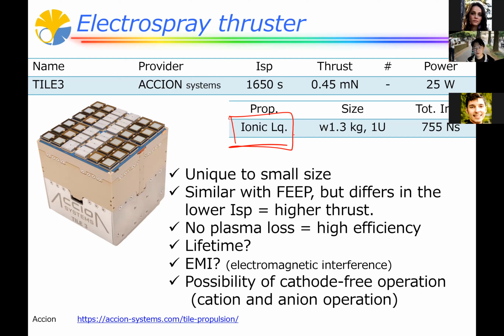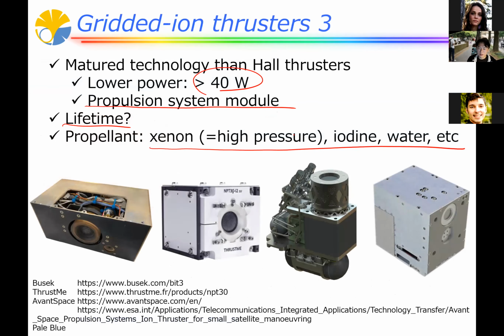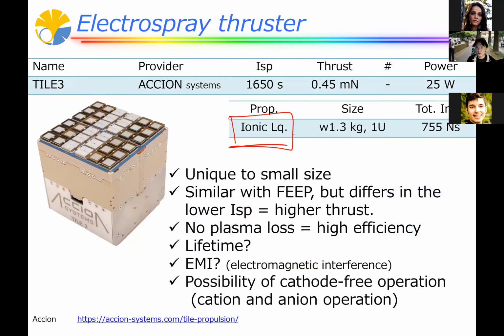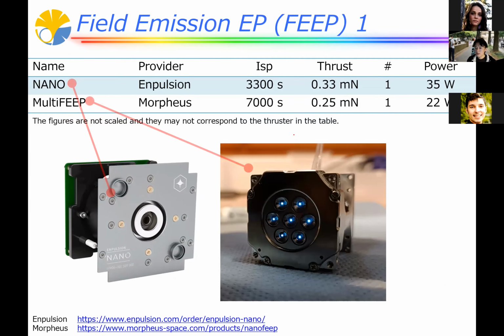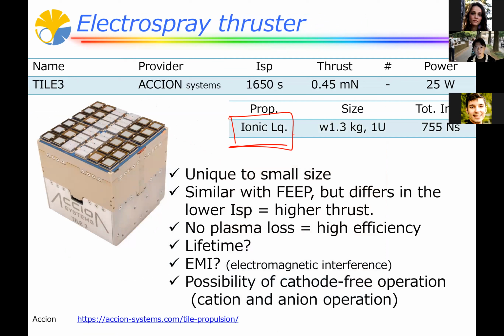This is very different from the previous examples. So far, all the other thrusters are miniaturizations of standard propulsion systems. However, electrospray and the next one, field emission electric propulsion, FEEP, are unique to micropropulsion.